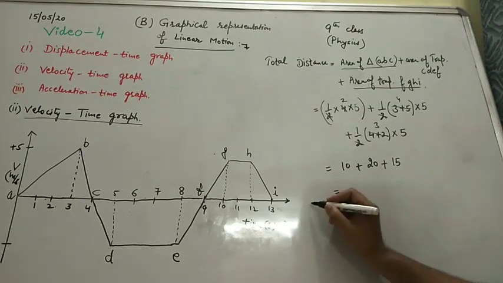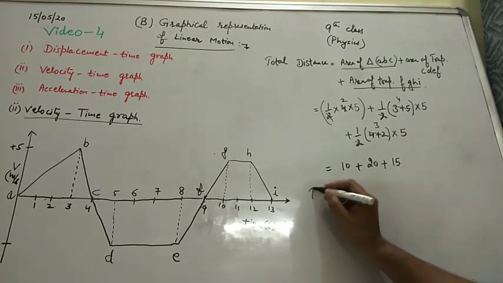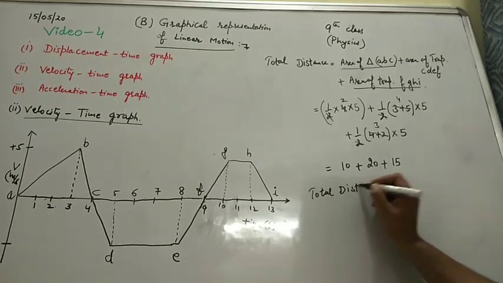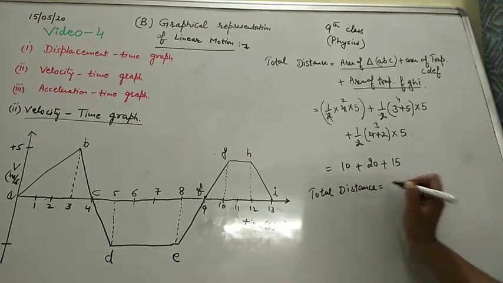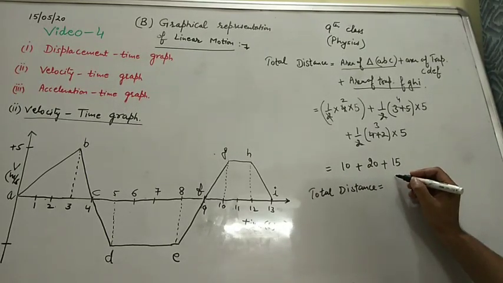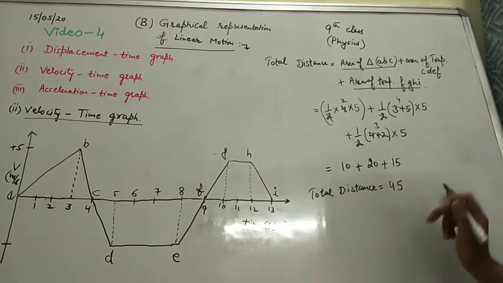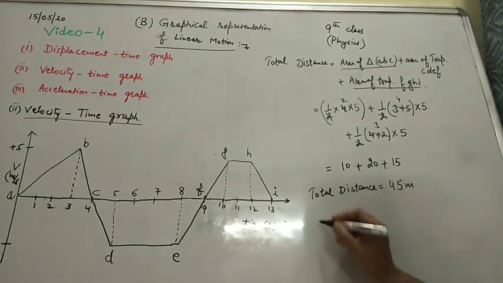So the total distance is 10, 20, 30, 45 meter.